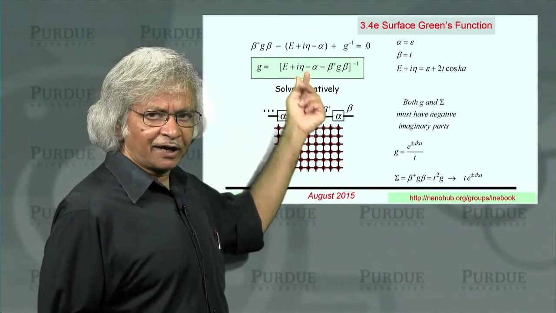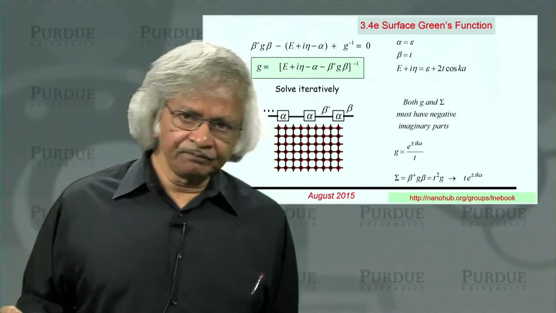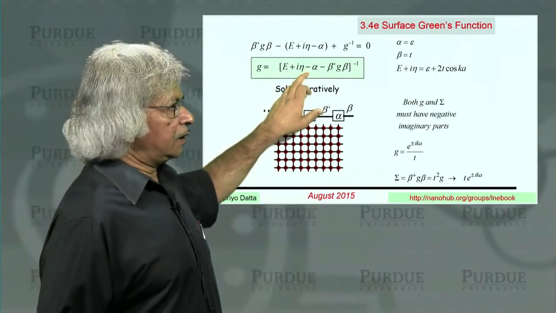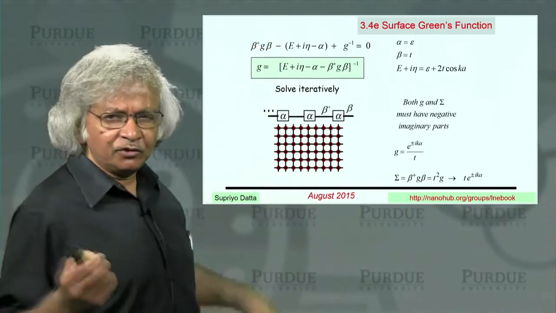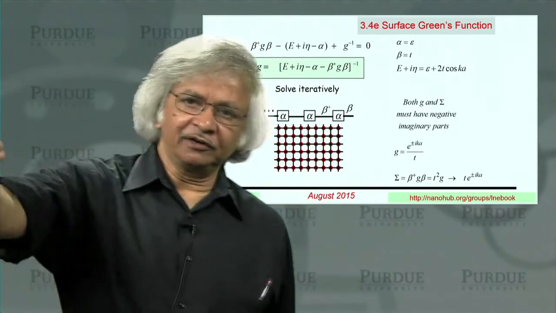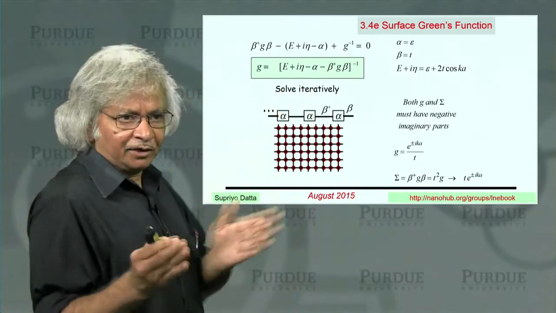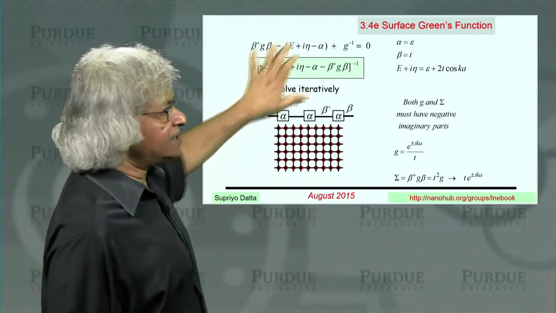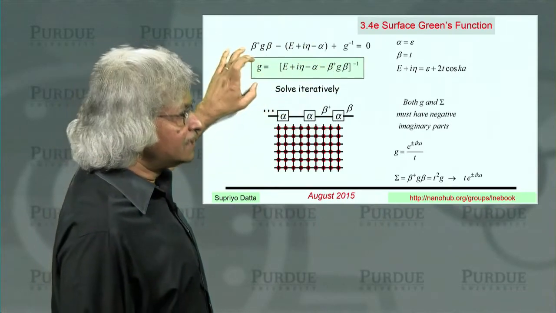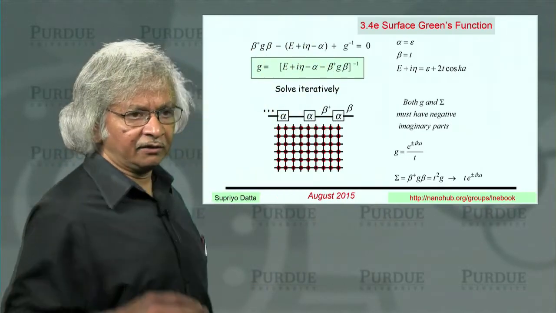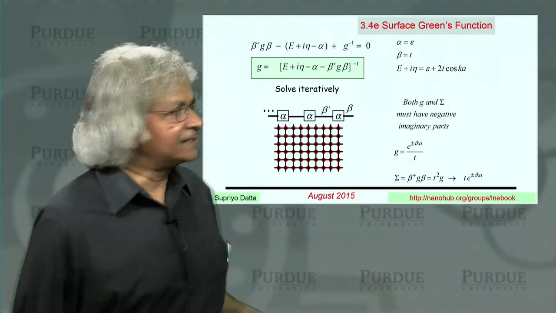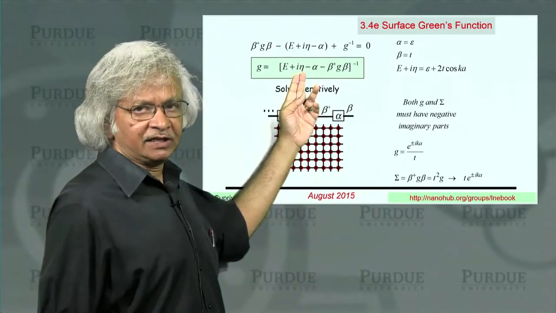This depends on the value of the i eta that you choose, and it's meant to be a small number. If you use a very small number, then you'd have to iterate many times before you converge. If you use a slightly bigger number, it would converge faster. But the point is, this iteration gets you the surface Green's function, and the value it converges to doesn't depend on the precise value of eta that you use.